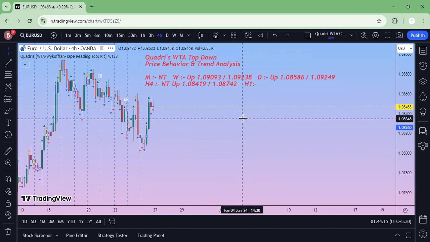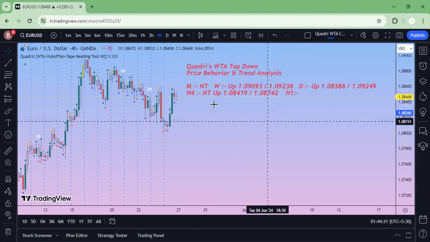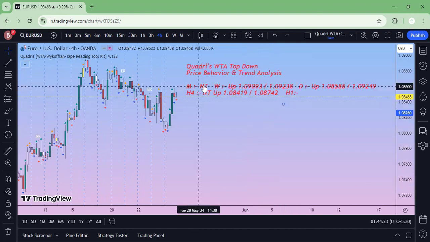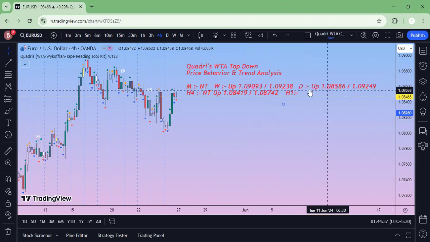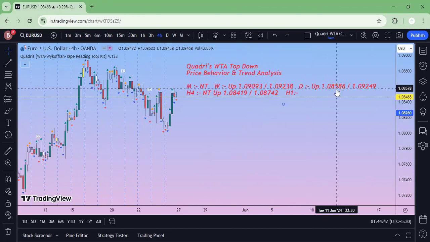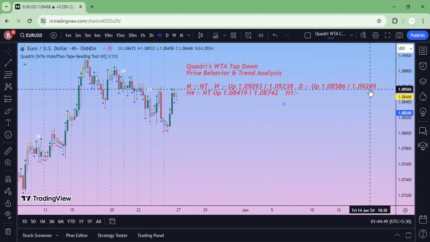So now I'll end this session because it's a very prolonged session. So on monthly, we are neutral. On a weekly basis, we are in an up move. We are expecting price to break and sustain above these levels. On a daily, we are in an uptrend. So we are expecting an up move, price to be within 08586 and 09249.